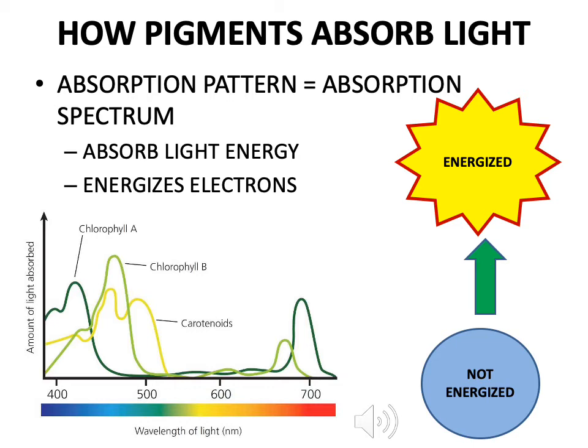Carotenoids, as a rule, absorb fairly well in the violet and blue, but best in the green. Now, think about it. Plants reflect green light. That's why plants look green. And so if plants are reflecting green light, that's a lot of potential energy there that the plant's missing. However, the plant's got those carotenoids.